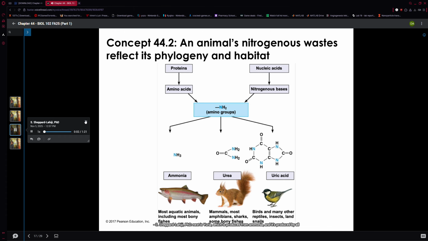Next is urea, which is produced from ammonia, and it's produced by all mammals, some amphibians, marine fish, and reptiles. When it comes to urea, it is a little bit better than ammonia because it is a little less toxic.